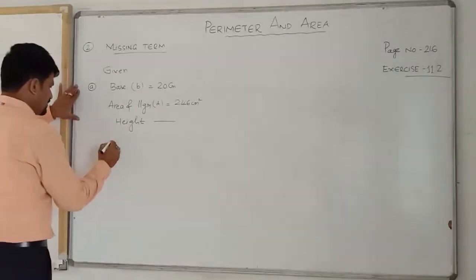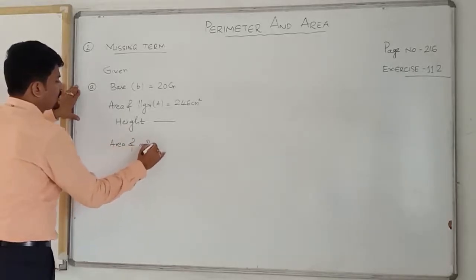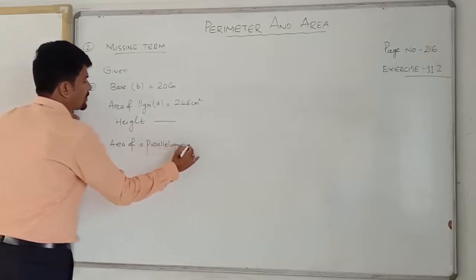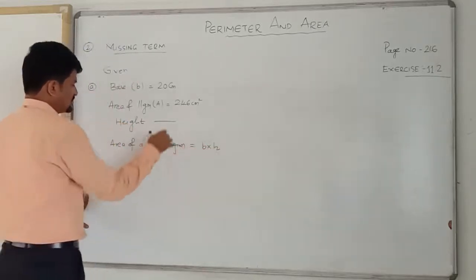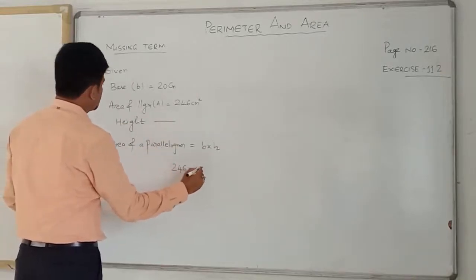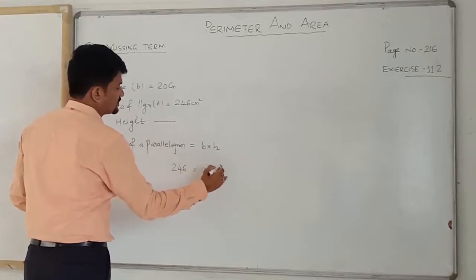Now the area of parallelogram formula: base into height. Area is given as 246, base is given as 20, and height is not given.